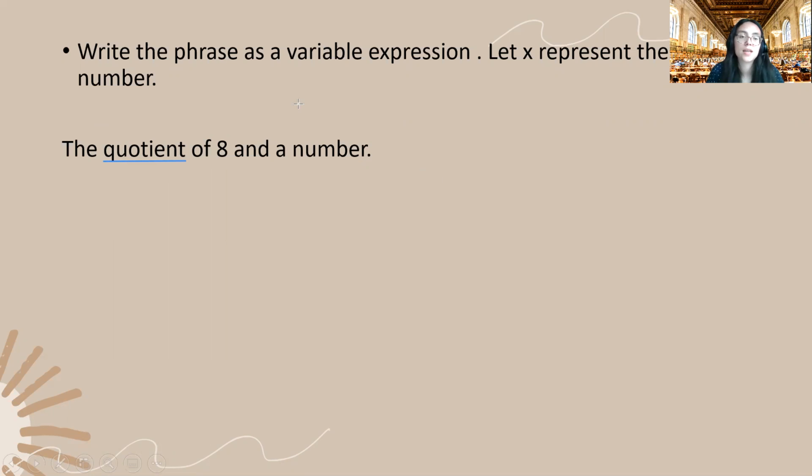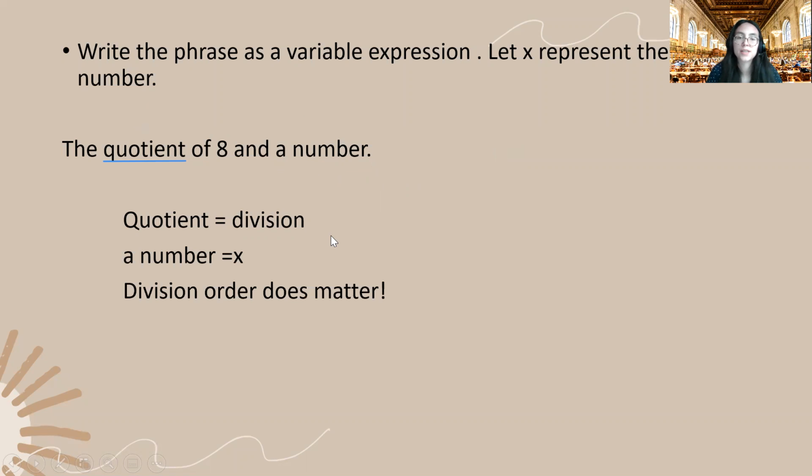That's going to be in division, okay? And does order matter in division? Yes, it does. But what about a number? What are we going to write for a number? We're going to write x because we were told in the problem to let x represent the number.